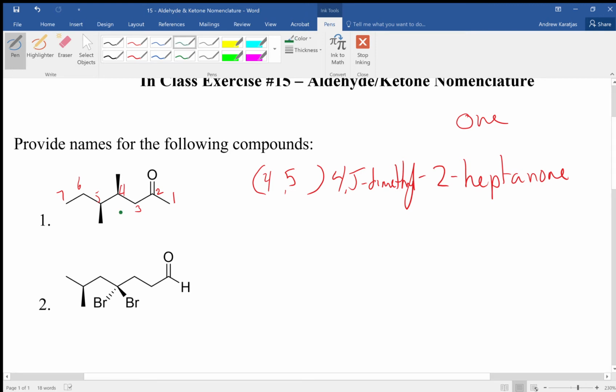If we look at carbon 4, we have the highest priority group to the left, second one to the right, and third one up. Our hydrogen is already pointed back, so counterclockwise is 4S. We also do carbon 5: 1, 2, and 3, counterclockwise, 5S.